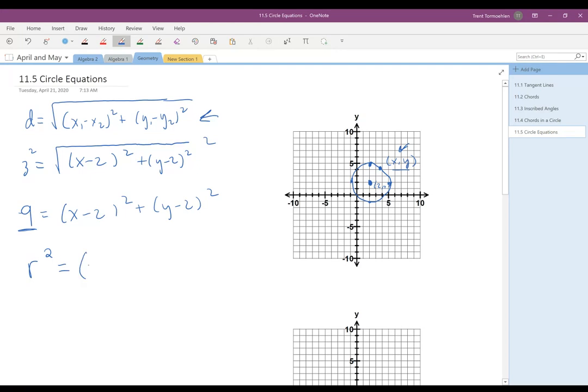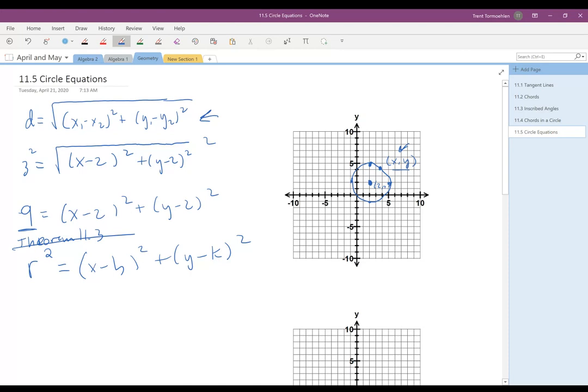And then it's always going to be (x minus h) squared plus (y minus k) squared. You'll find that h and k get used a lot as x and y coordinates of vertices and centers in algebraic geometry. And so this is the general form of a circle. We call this theorem 11.13.